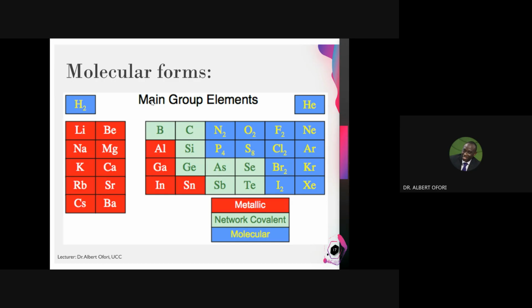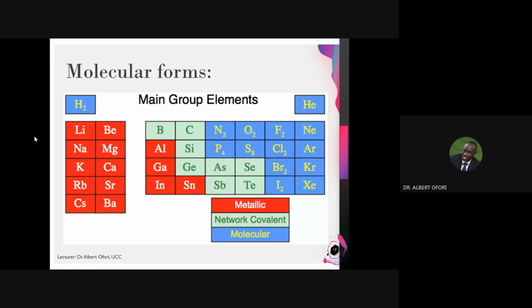So you see hydrogen existing as a gas, nitrogen as a gas, sulfur as a solid, phosphorus is also a solid, chlorine is a gas, bromine is a liquid, iodine is a solid. So it means that as you go down, you begin forming solids as much as possible.